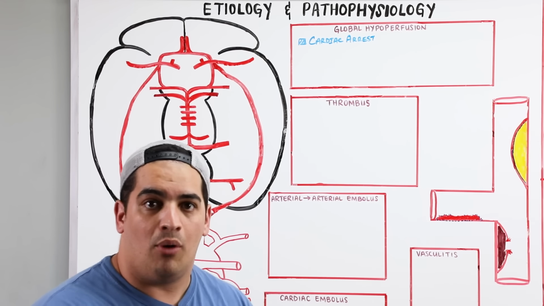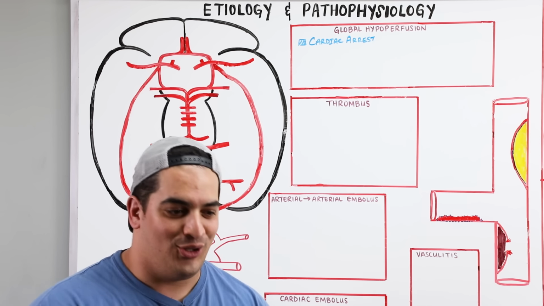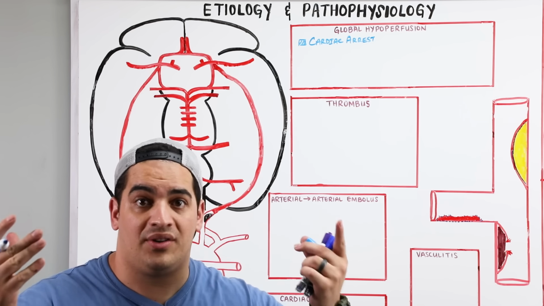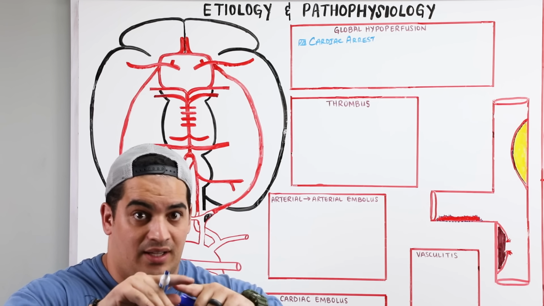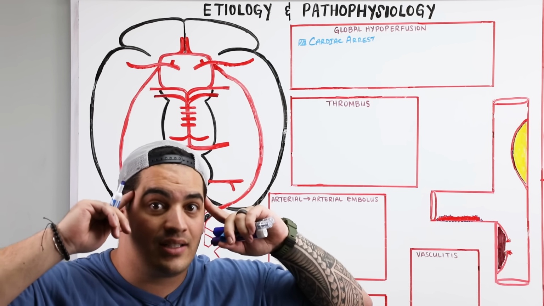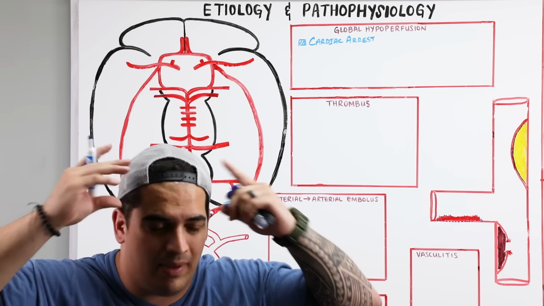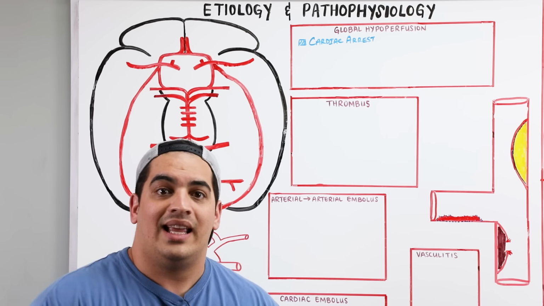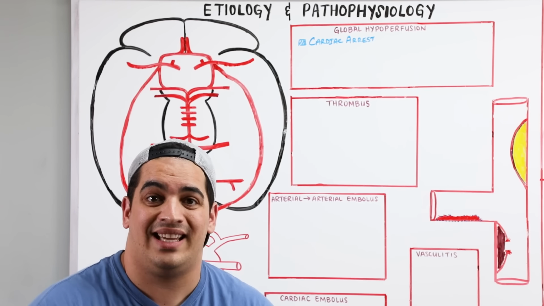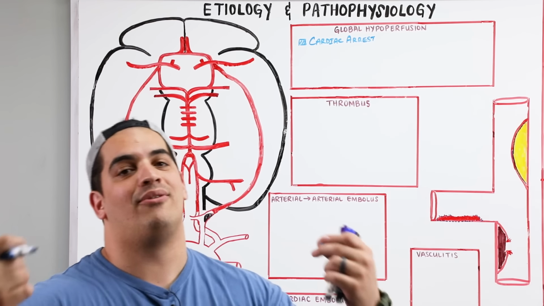If you don't pump blood out of the heart, your cardiac output is pretty much null. You don't perfuse, your mean arterial pressure is going to be low, and actually maybe null, and that means that you're not going to provide oxygen and blood flow to the cerebrum as well as other organs. If you don't get blood flow to the cerebrum for a prolonged period of time, it can lead to ischemia, and if not corrected, infarction.